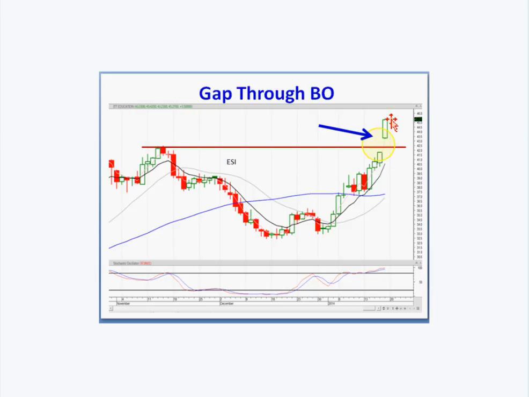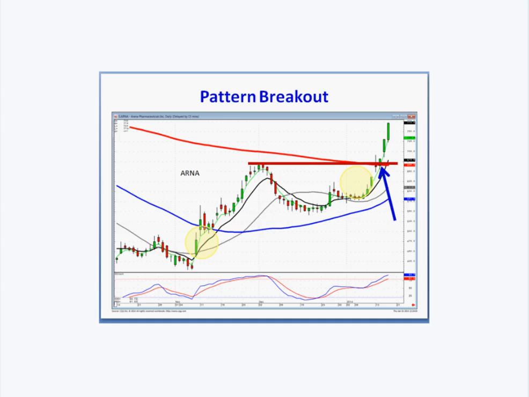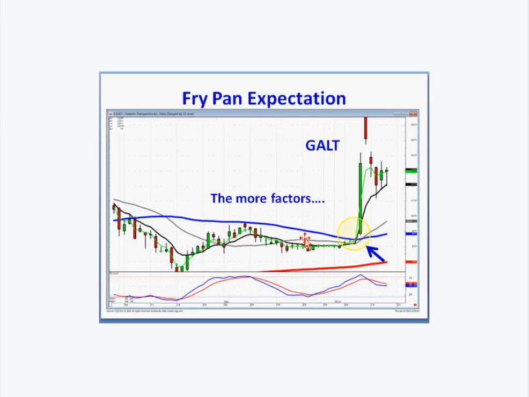It's not there anymore, and probably if they've gapped through it, that means there's going to be a heck of a lot more upside. And the more pieces of illustration that we can show for the breakout, like the top of a fry pan bottom, a slow curve, and the breakout through the 200-day moving average, just puts us in situations where we can see visually that there is now strong price move potential.